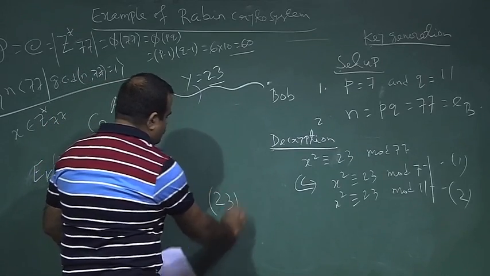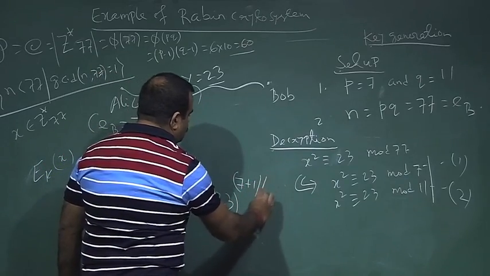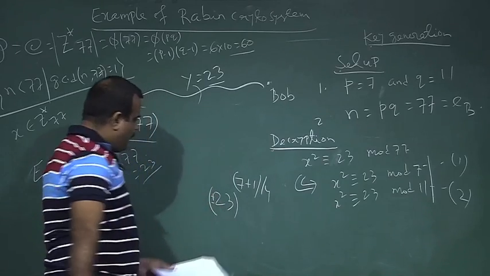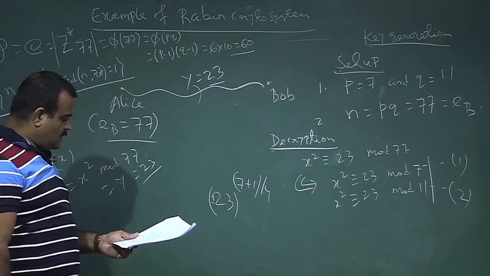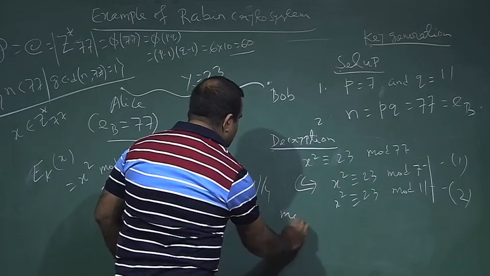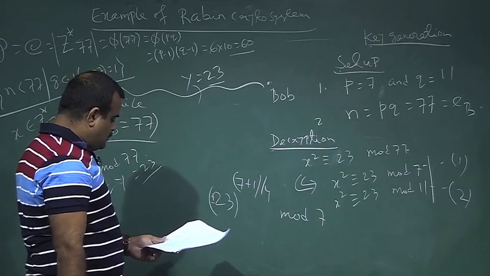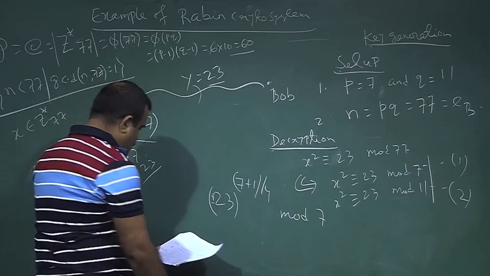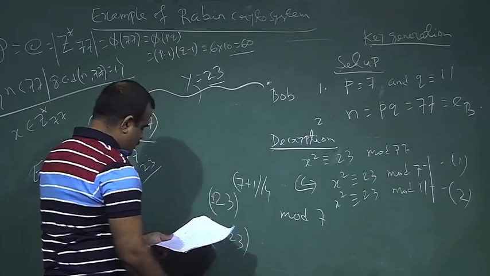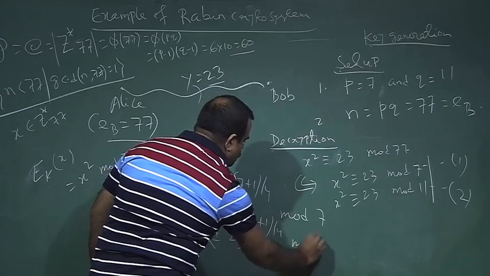From equation 1, we get plus or minus 23 to the power (p plus 1) by 4 mod 7, and plus or minus 23 to the power (11 plus 1) by 4 mod 11.